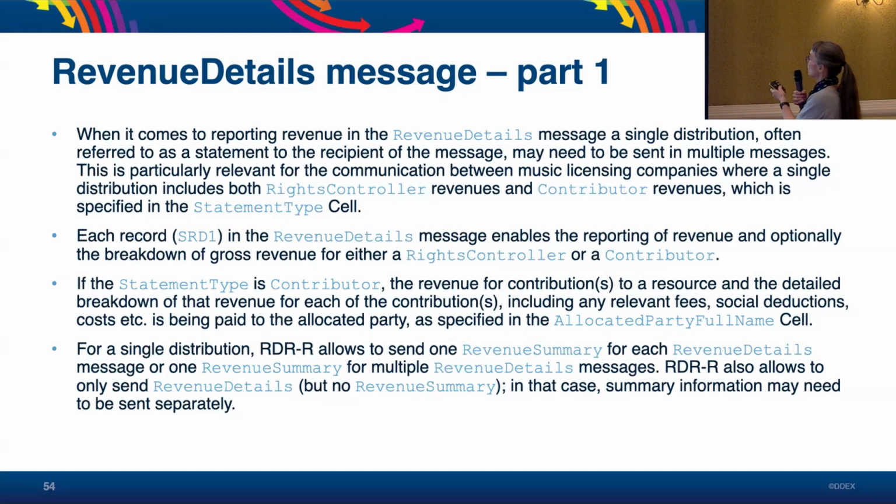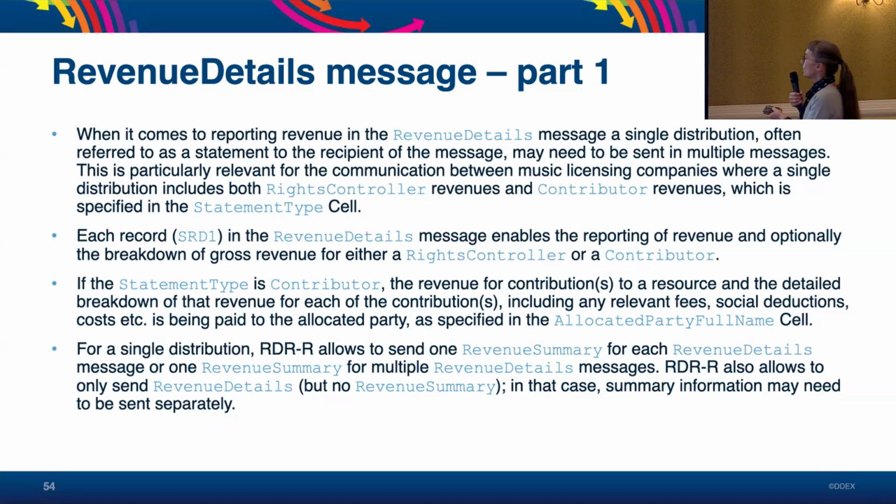And the message will look the same, but you may populate different fields. And we will show later on a set of data that is very specific to a message sent to a rights controller with a statement type rights controller.